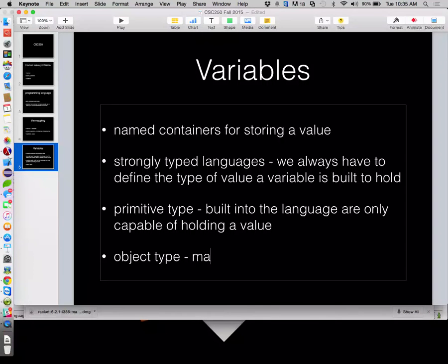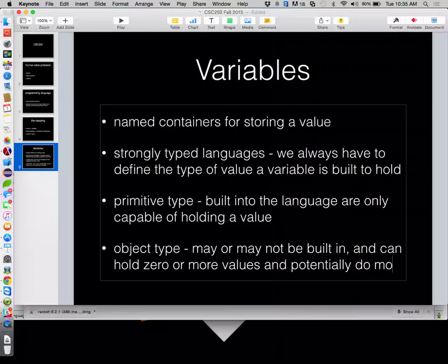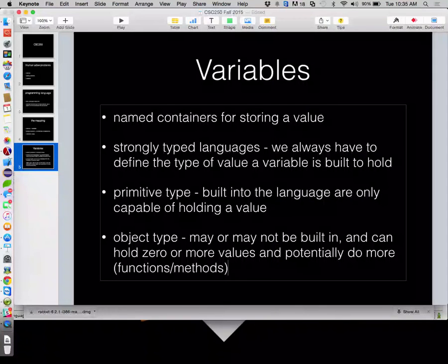Object types may or may not be built in, which implies that we can make our own objects, and can hold zero or more values and potentially more, through functions, methods, etc. Things we dealt with last semester. Okay, so those are our object types. So variables come in two flavors.